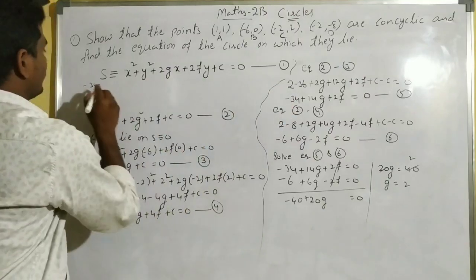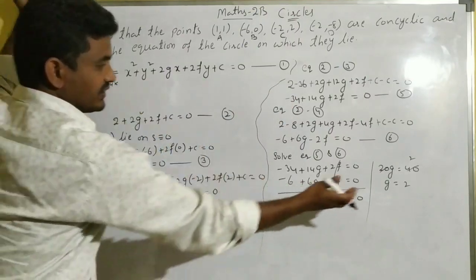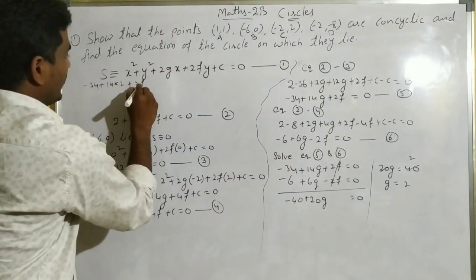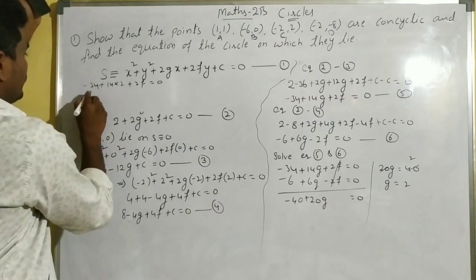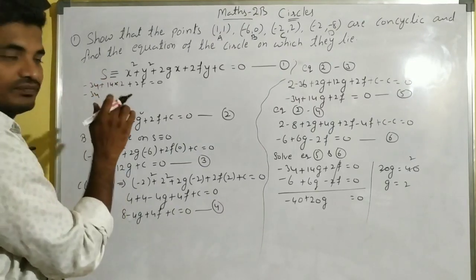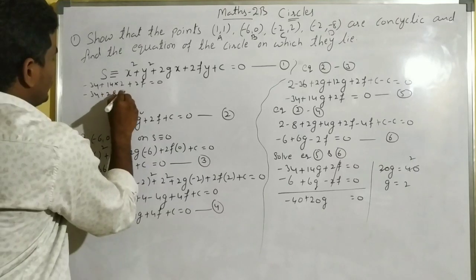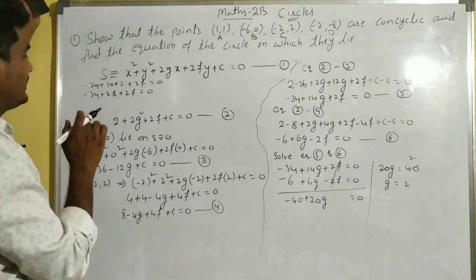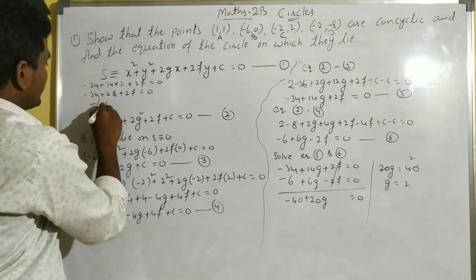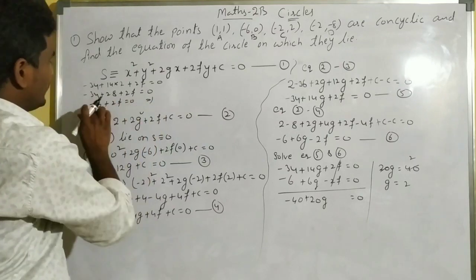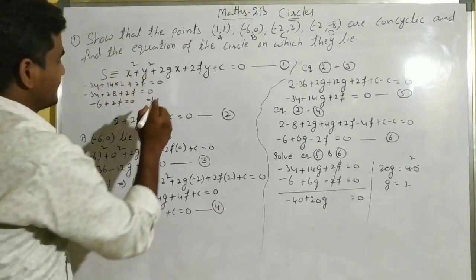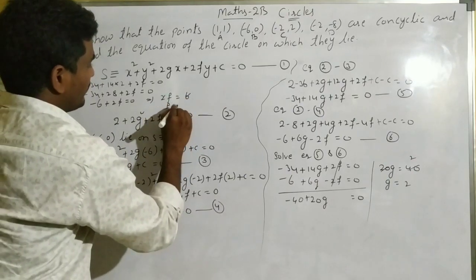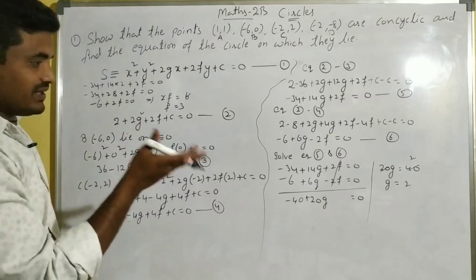Minus 34 plus 14 into g is 2, so I am taking 14 twice 2 plus 2f equals 0. 14 twos are 28, minus 34 plus 28 is minus 6, plus 2f equals 0. After that, minus 6 when you send to the right side, it becomes plus 6. 2f equals 6. 2 once, 2 twice. f equals 3. So we got here g and f.